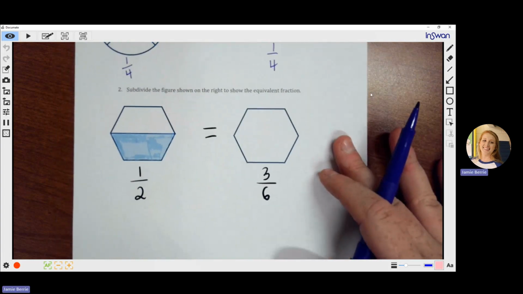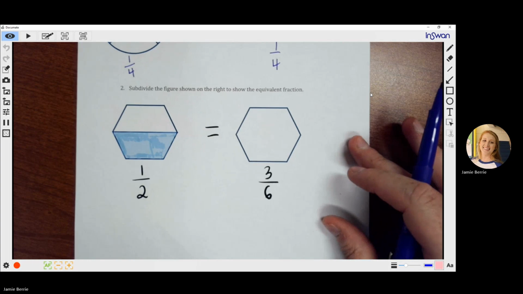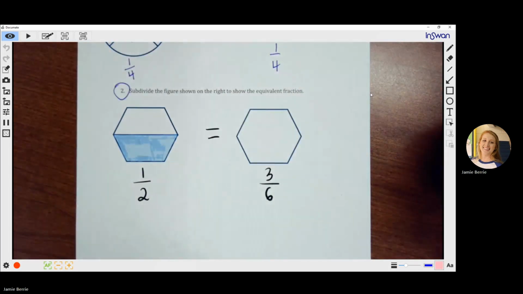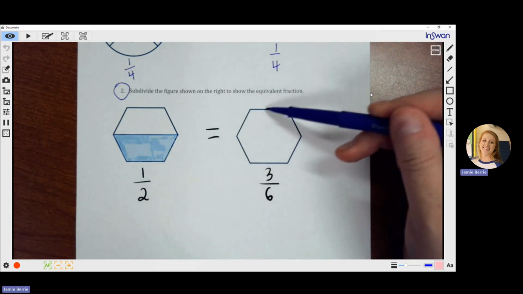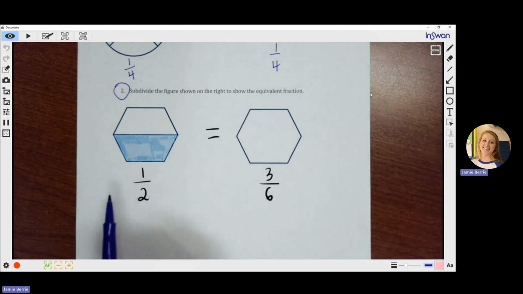All right, so next we've got number 2, which says subdivide the figure shown on the right to show the equivalent fraction. This will definitely be on the exam. Here we've got a, let's see, 1, 2, 3, 4, 5, 6 hexagon.